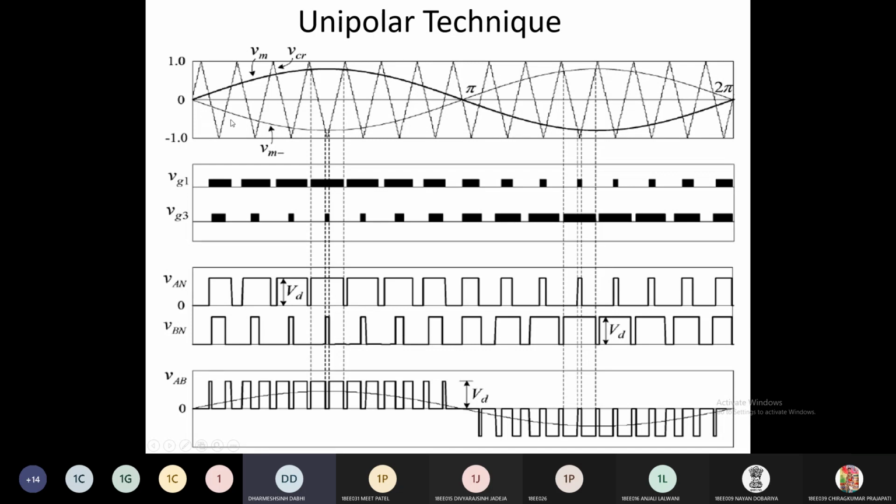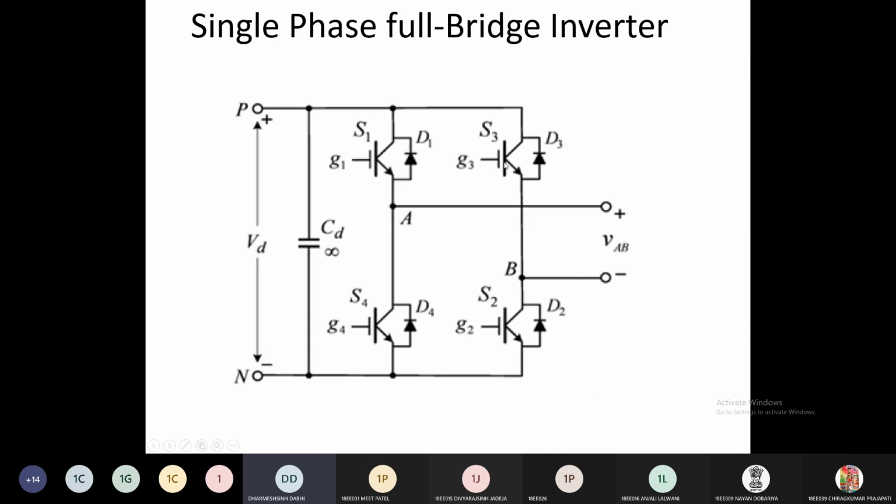The logic is the same: when your sine wave is greater than the triangular wave, at that time it gives the VG3. You can see that between these two points, your sine wave is less negative compared to the triangular wave. It means the sine wave is greater than the triangular wave, so at that time they generate the VG3. This is the gate pulse for switch number S3, and exactly the complement of this gate pulse is applied to switch number S2.